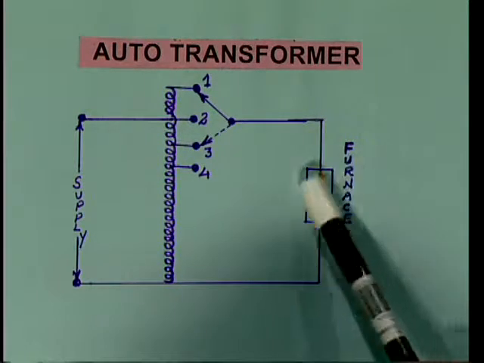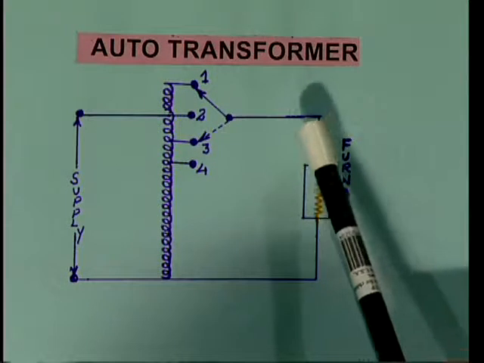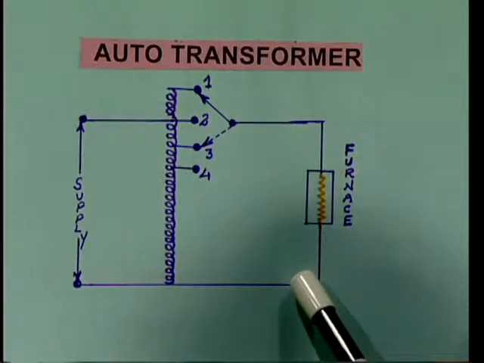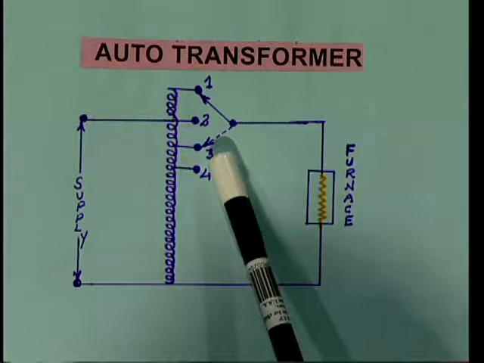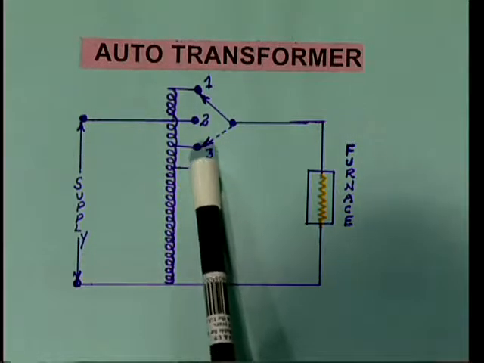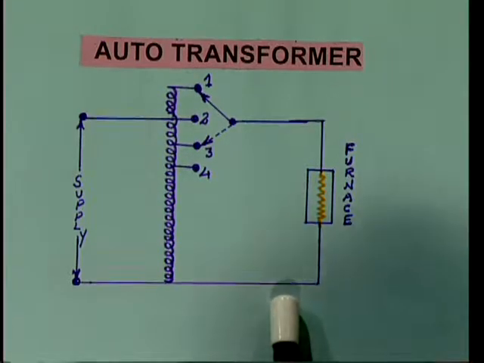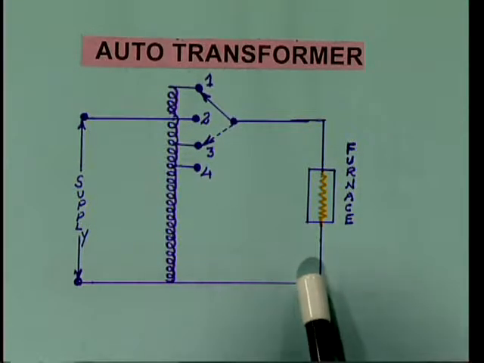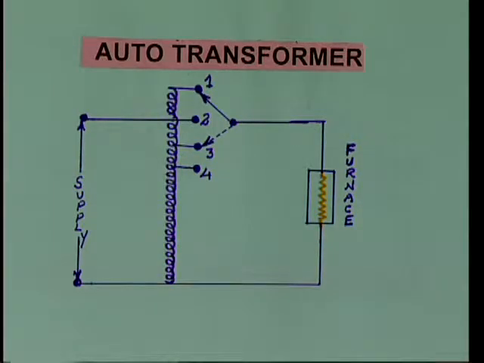To control the temperature of this furnace unit, it needs different voltages, that is, the potential difference across this point to this point, which can be achieved by adjusting the tapping system. So the supply voltage is given to the primary, and in the secondary, by adjusting the tapping system, a variable voltage can be achieved across the furnace. By adjusting this variable voltage, the furnace temperature can be controlled.